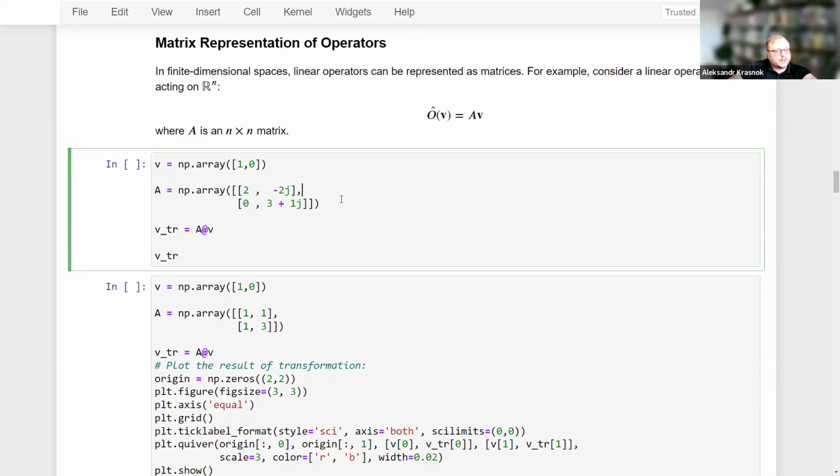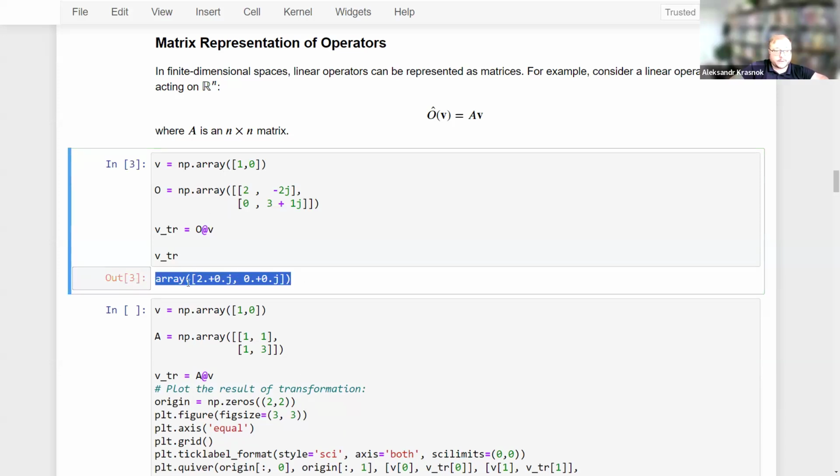And for example, here I put this simple example. So let us consider a vector with components 1 and 0, and then you can create this matrix A. For consistency, let us change it to O. And then applying this operator O on a vector V, we will transform this vector to another vector with another components.